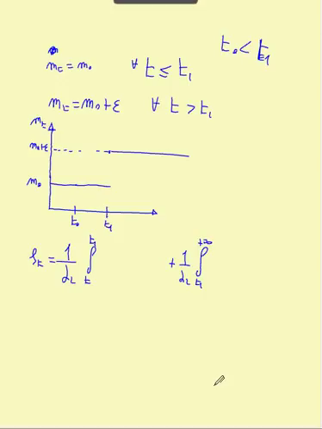Sorry? Why not 0 and t1? Because we need the function of the exchange rate s of t, with respect to time. If you put 0, you get s0. Okay, you need s as a function of time. Why not t0? Because you need the function; this is valid for each t between t0 and t1.